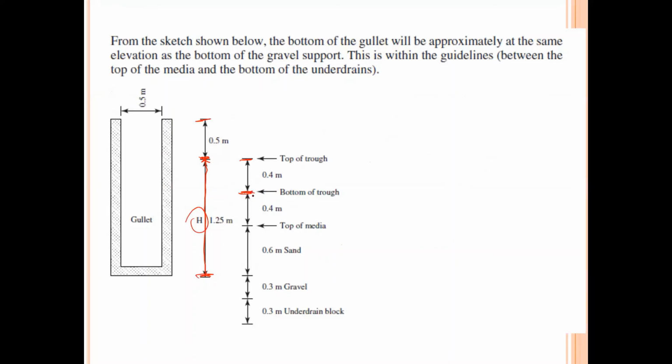Then the bottom of the trough to the top of media is also 0.4, because from here to here we calculated the height. The expanded bed height must be 0.8 meter. So it is 0.4, total is 0.8 meter.